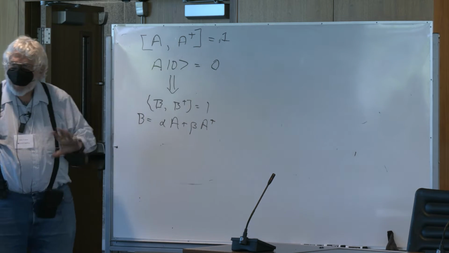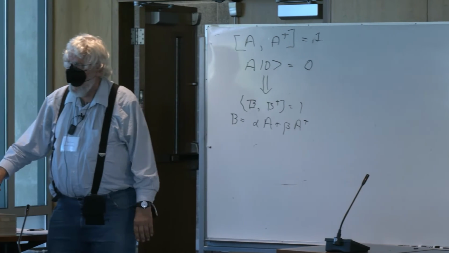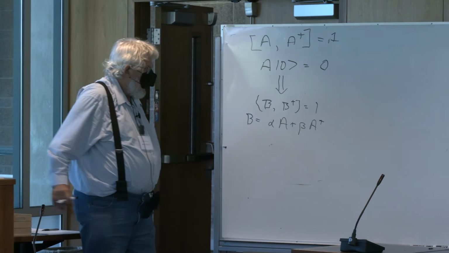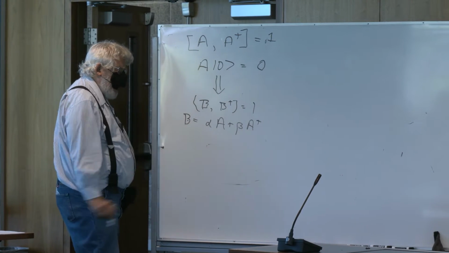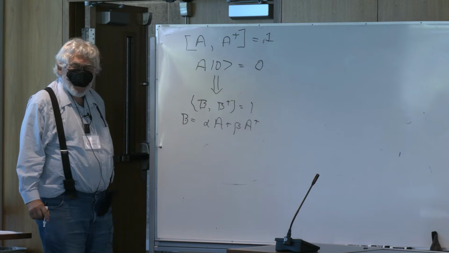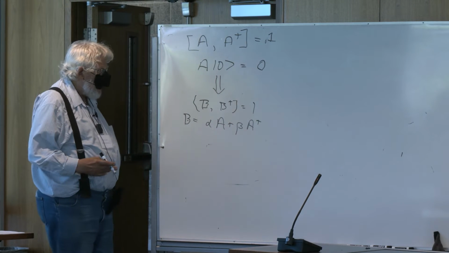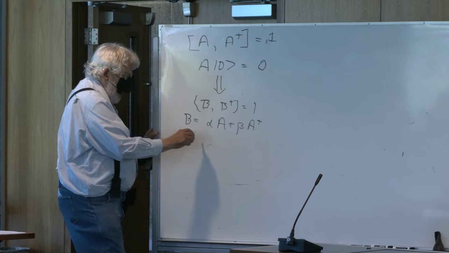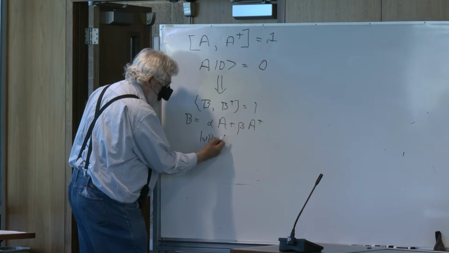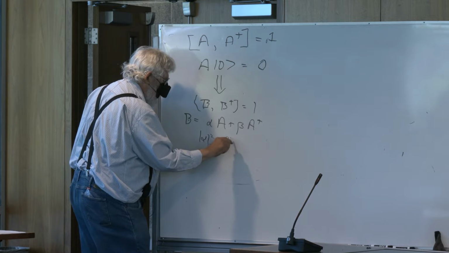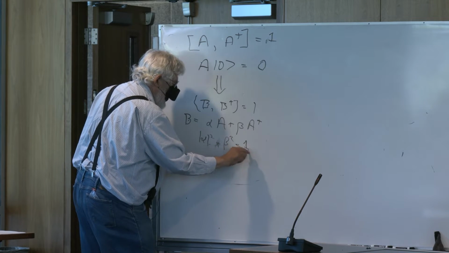In other words, it mixes up the annihilation and creation operators. If I plug in this commutation relationship for B and B dagger, I find that alpha squared minus beta squared is equal to 1.